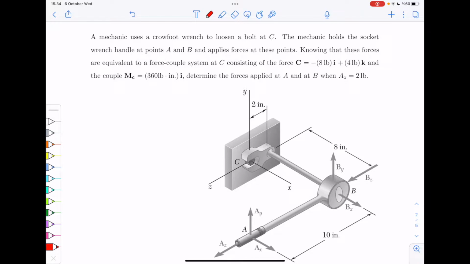Remember what we did when we talked about equivalent force couple systems. The equivalent force of multiple forces is the sum of the forces. And the equivalent couple would be the sum of the moments of those forces with respect to point C. Usually we do not use the subscript C in this manner.